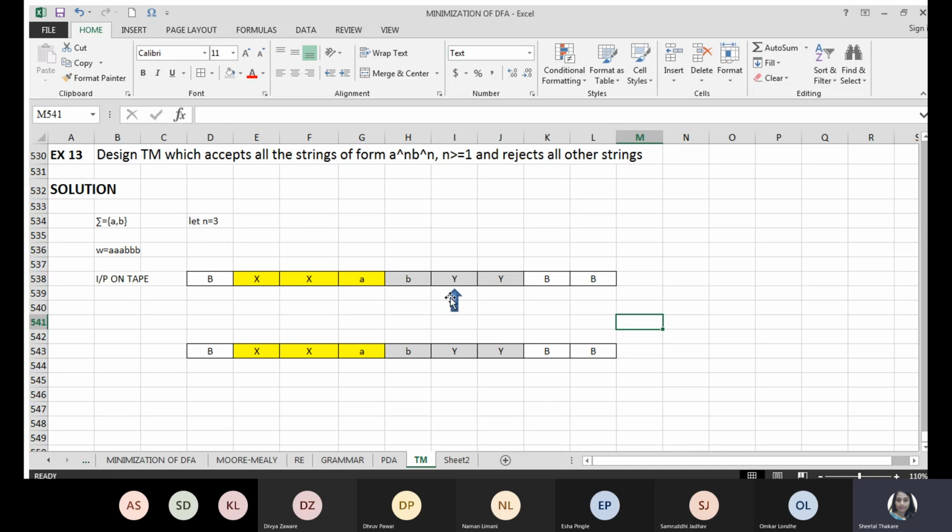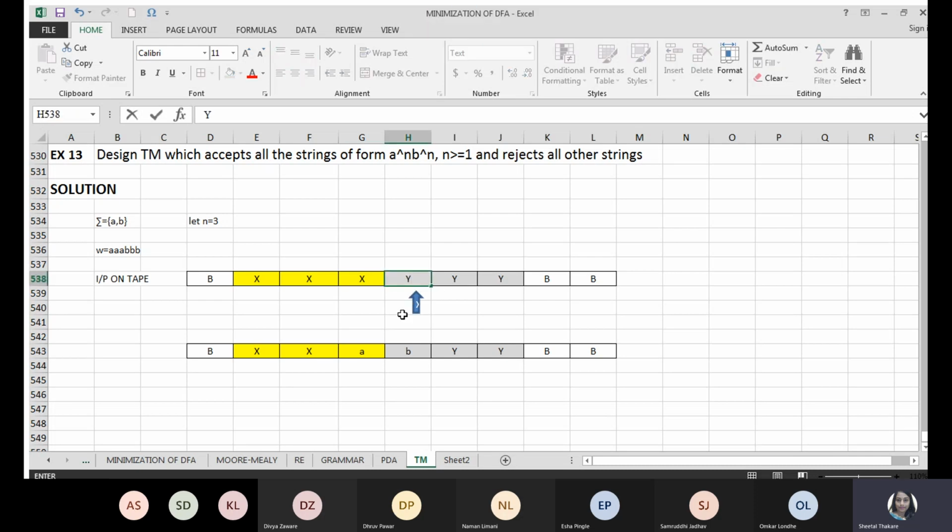Again, repeat the same logic. Keep moving towards left until X is encountered. Now this is the X you will encounter first. Move to its right. ये वाला A is converted to X. Keep moving towards right till you encounter Y. Move to its left.